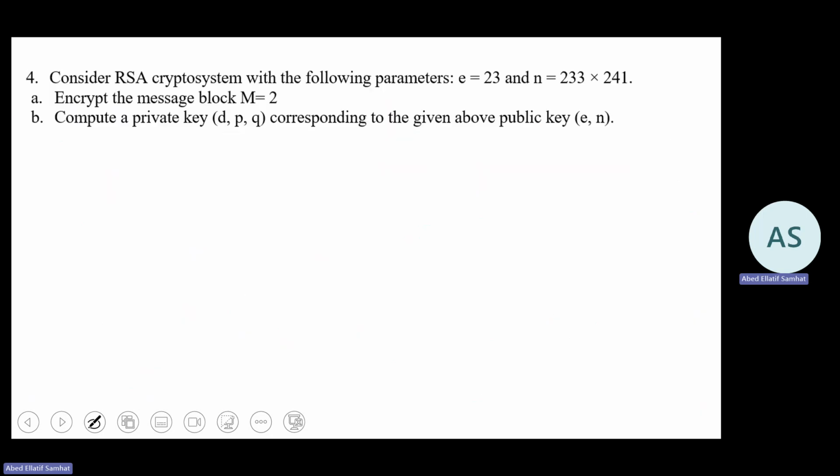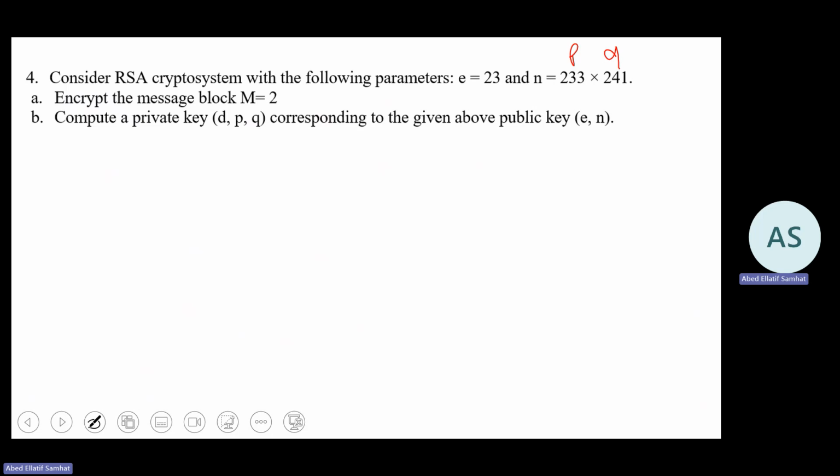In exercise 4, we have an RSA crypto system with the following parameters: E equal to 23, N equal to P times Q, and here we want to encrypt the message. It's very easy.